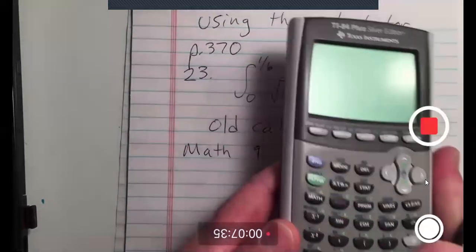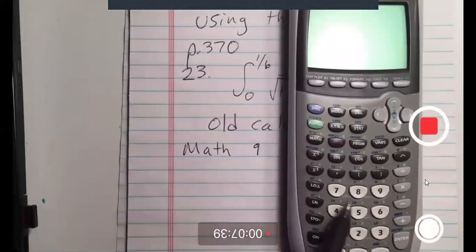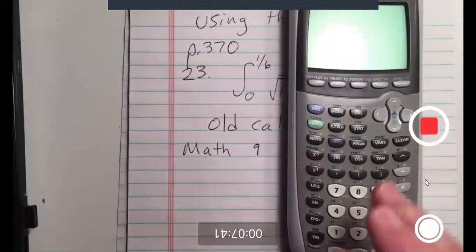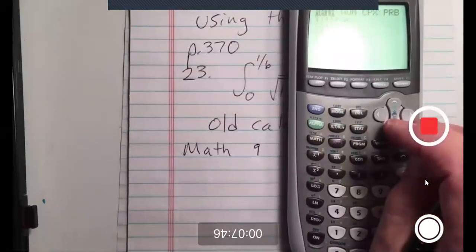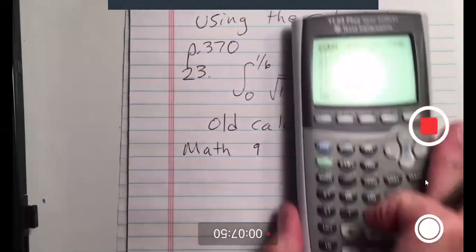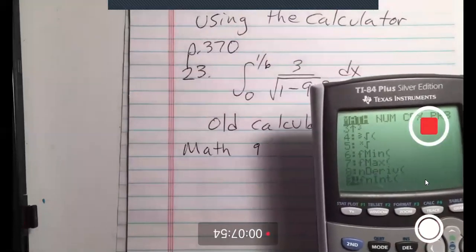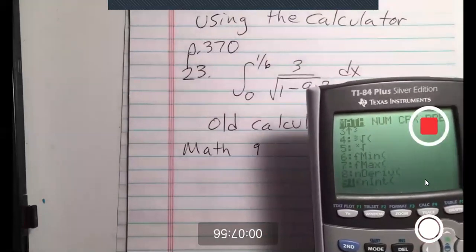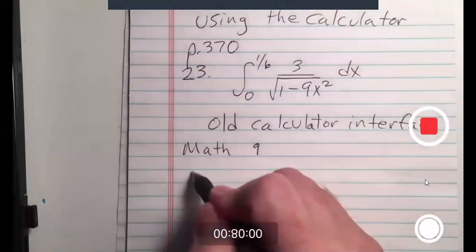Math is right here, and option number 9. When you hit math, if you want to see all the options, it shows you option 1 to 7. Come down to 9 and you have FNINT. But you can just hit math 9 directly. Okay, when I do, I get FNINT.